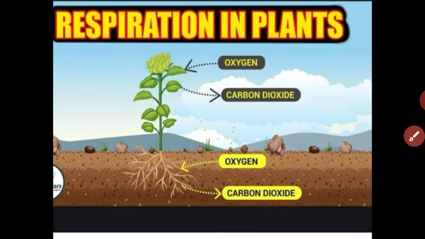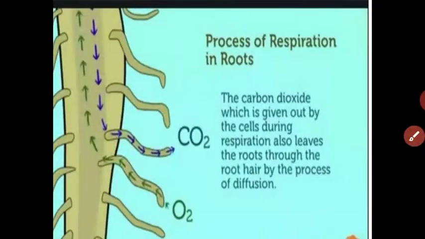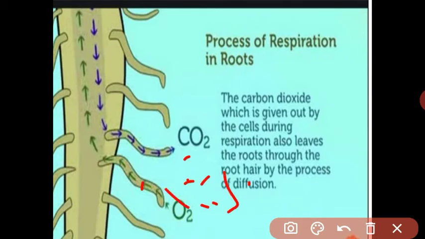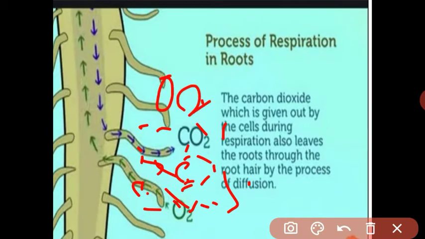See, there is the structure of the root here. With the help of the root hair the plant can take oxygen from the soil particles. There are so many soil particles, and the spaces in between them are filled with oxygen by the process of diffusion.